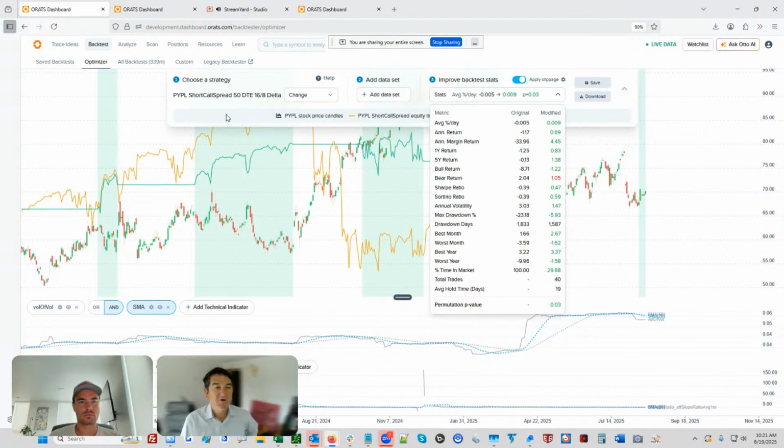And so it's good sometimes to have, this is a short call spread, so this is short premium. And there are some good long premium trades that you might find sometimes too, but they won't look as good, but you still can add these to your portfolio and have your overall portfolio benefit from having some of these trades. Does that make sense, Tyler?